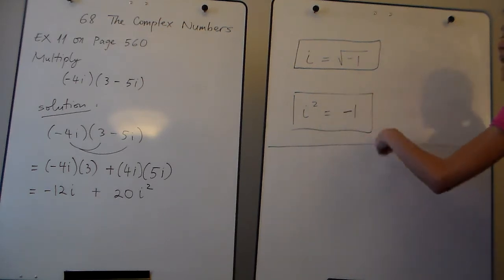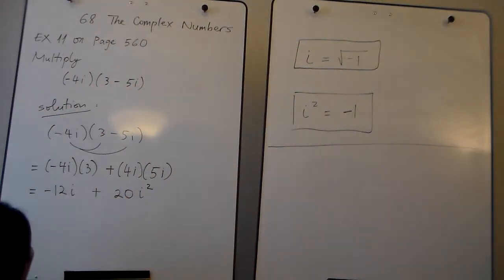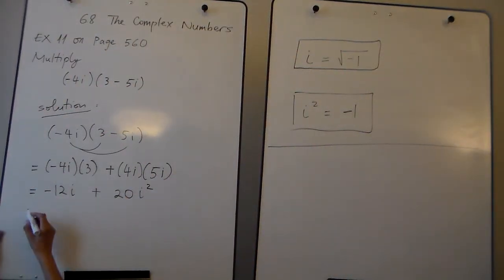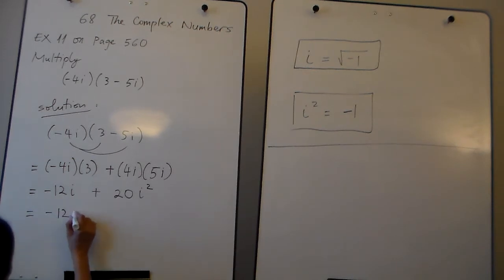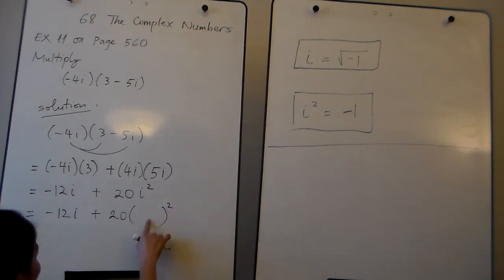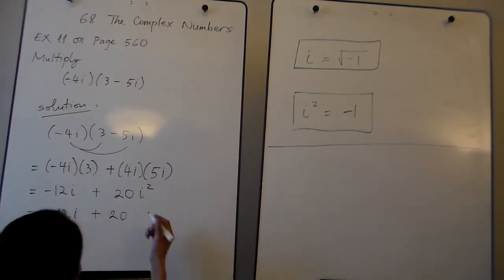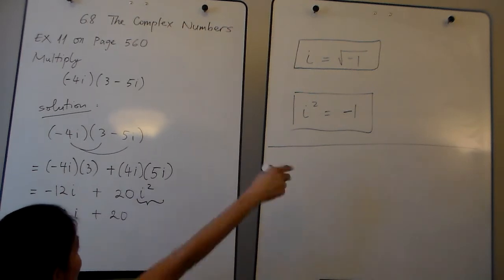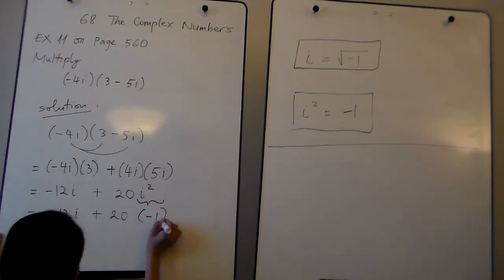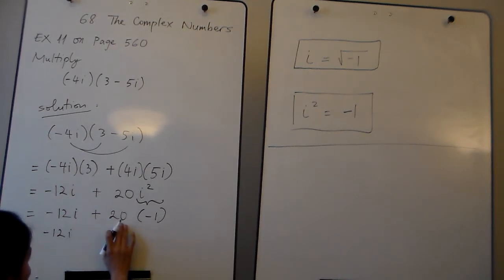So I'm going to substitute negative 1 for i squared over here. Using that formula, negative 12i plus 20 times, wait, sorry, I don't need that, because this i squared right here is equal to negative 1. Okay? And simplify. This is negative 12i. Negative 1 times 20 is negative 20.